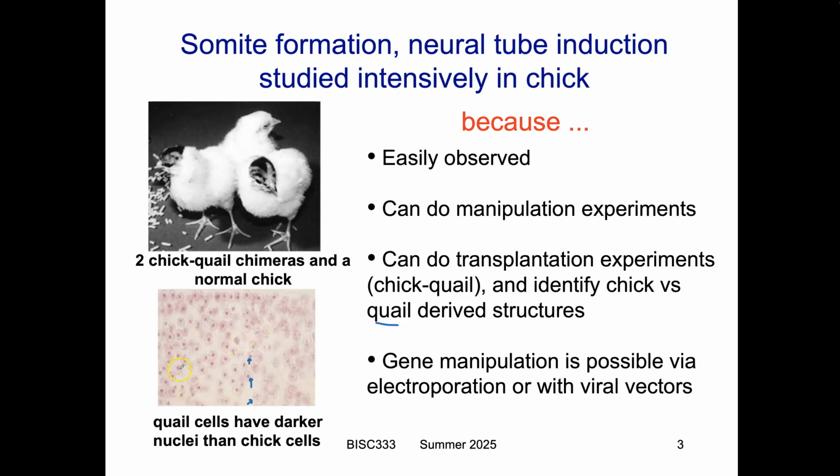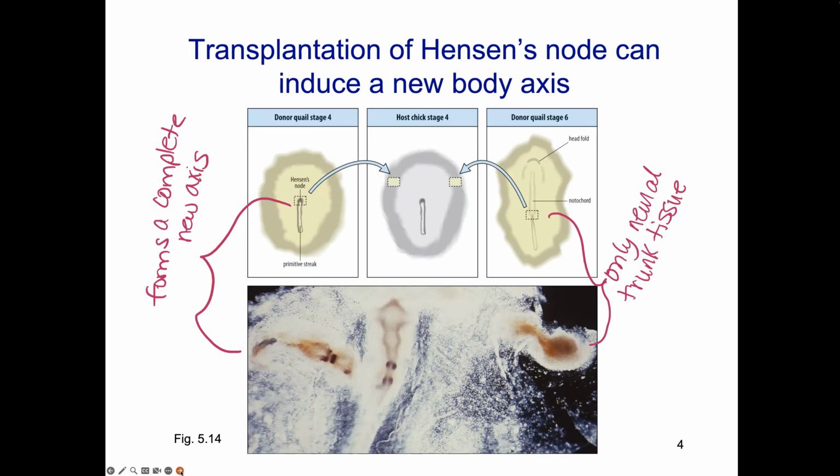And there's also other genetic manipulations that are possible. We aren't really going to talk about them too much in class, but there are other ways that you can modify the embryo by introducing different molecules that disrupt signaling or something like that, and then you see what the effect is on the development.